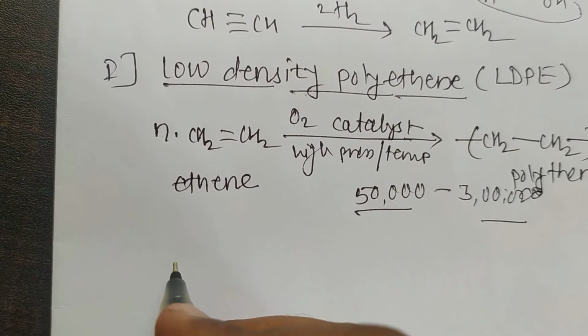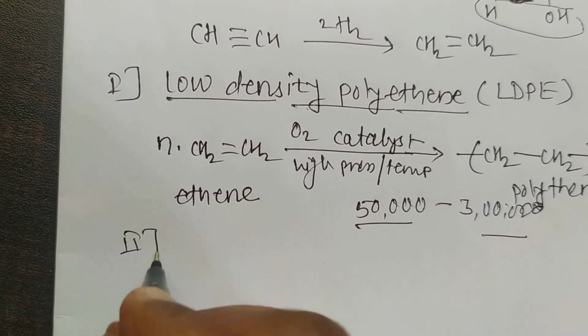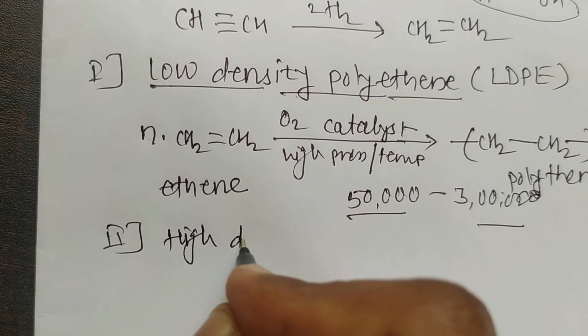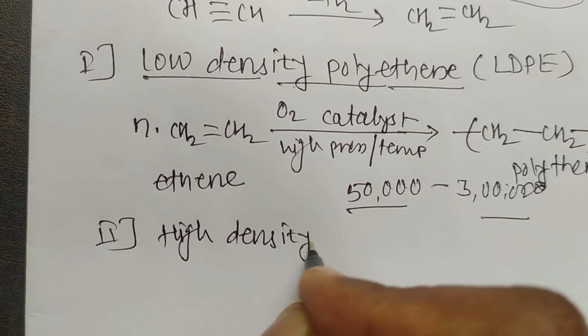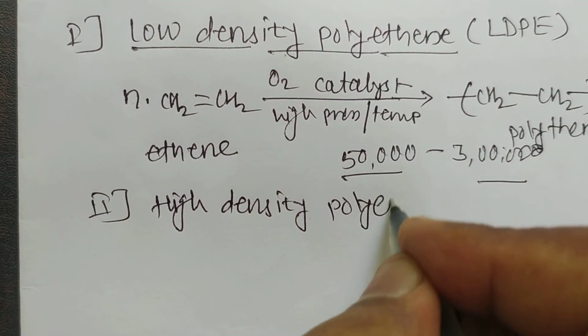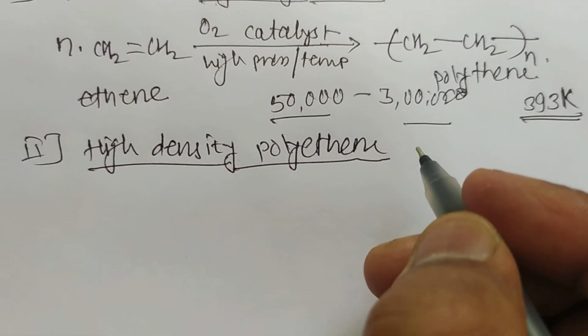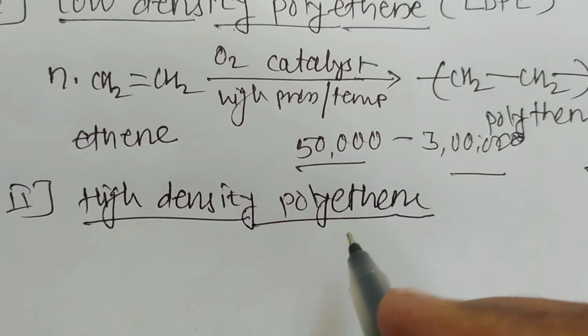Then the second one is high density polythene, or it is also called HDPE, means high density polythene.